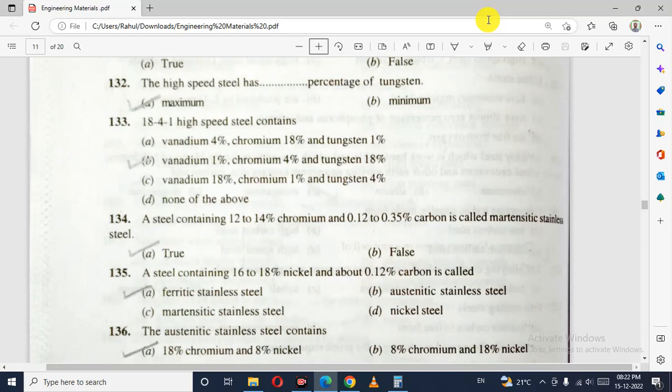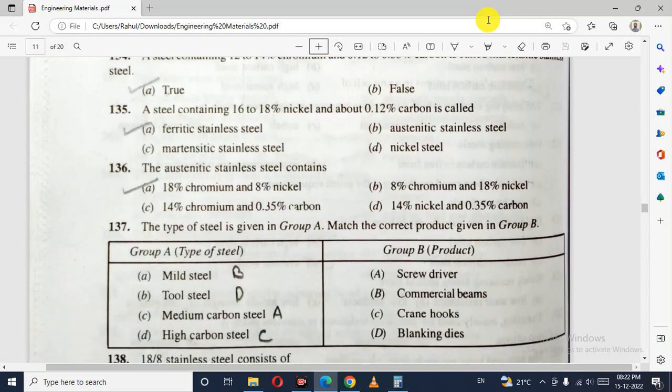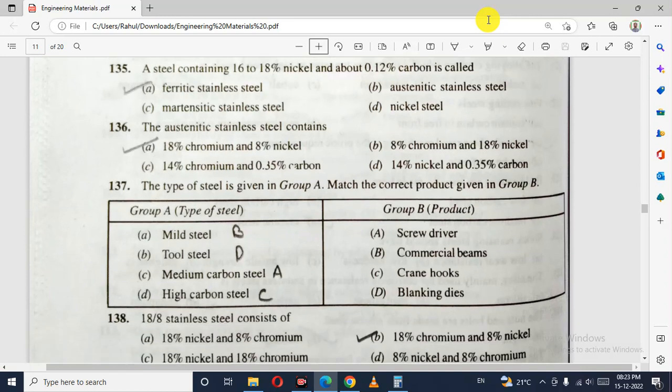Austenitic stainless steels contain 18% chromium and 8% nickel. Mild steel, commercial beam; tool steel, blanking die; medium carbon steel, screwdriver; high carbon steel, crank hooks. 18/8 stainless steel consists of 18% chromium, 8% nickel.